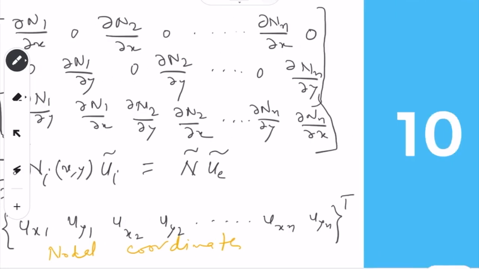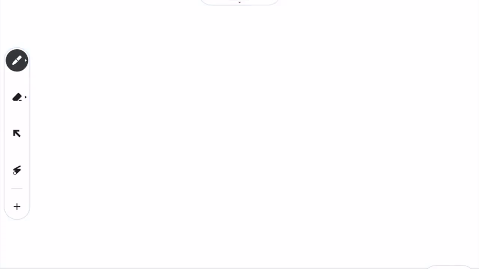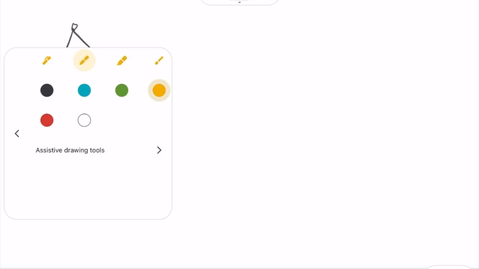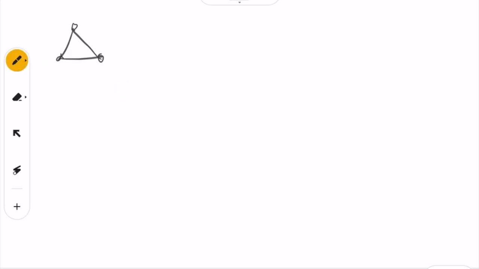The meaning is that any element, like let us say we have a three node element, numbered 1, 2, 3, it will have 6 displacements basically.